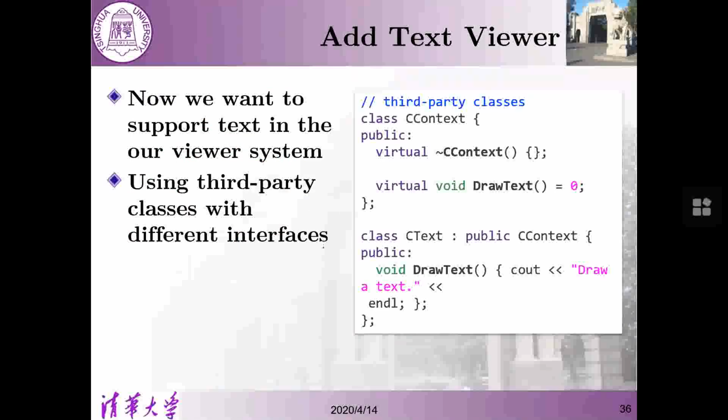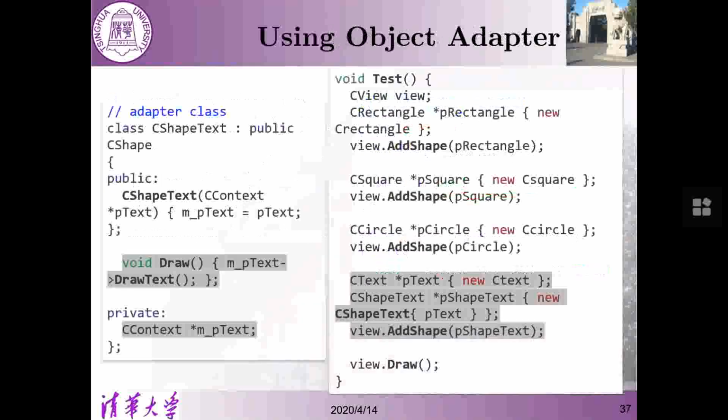And then there's a third-party class, CContext, which has a draw text interface. And then there's a subclass, an implementation class, CText, which does the real text drawing job. So how do we use the third-party class in our viewer system? This is a problem, right? Our solution is to use an adapter class.